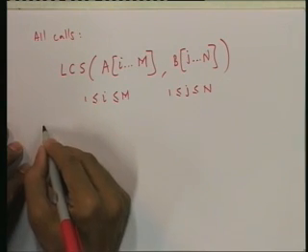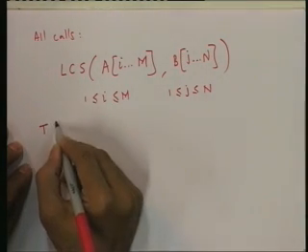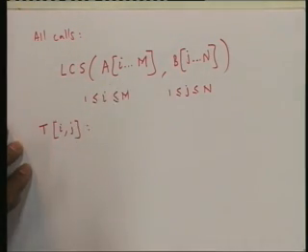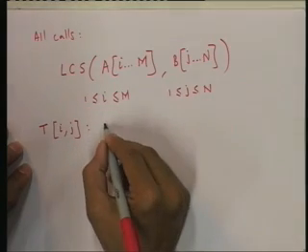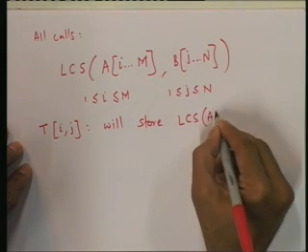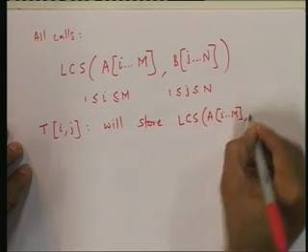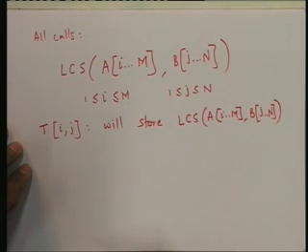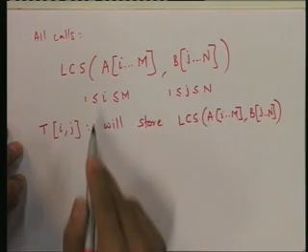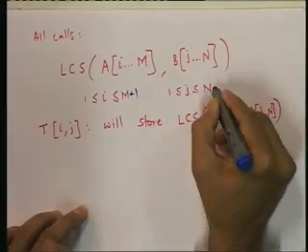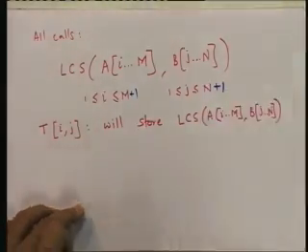Dynamic programming says, let us define a table, let us call it T, such that its entries will save the solution answers to these calls. So, T i j will store LCS of A i to m, B j to n. Actually, I am going to use i ranging not over just 1 through m, but over 1 through m plus 1, and j will range over 1 through n plus 1.